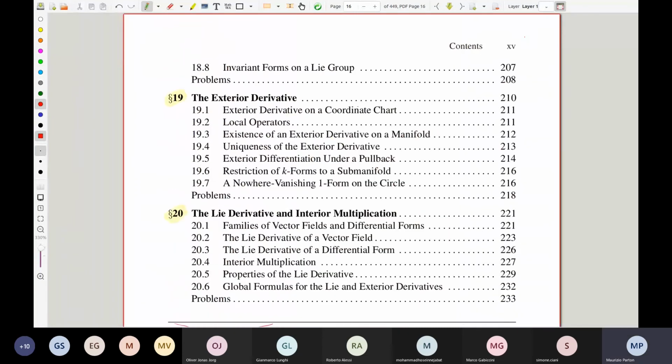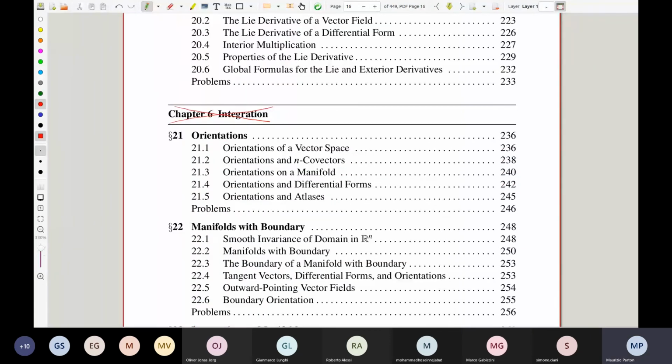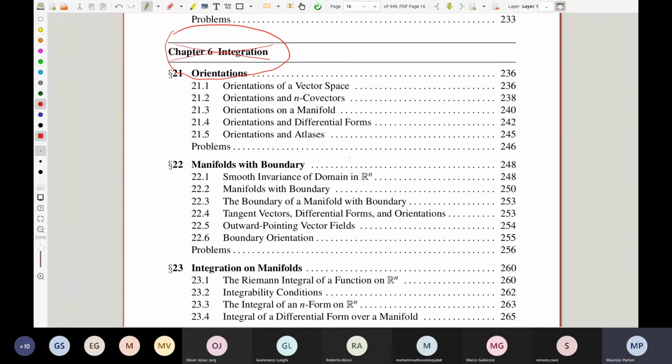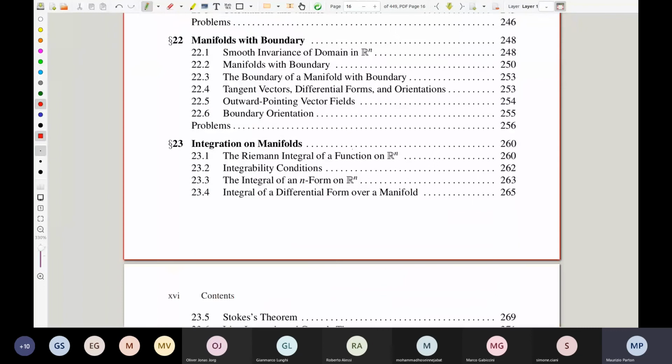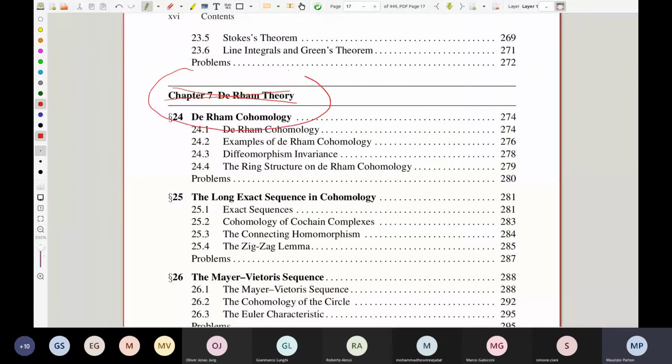I'm not going through the index. You can see that there is something that we will skip. In particular, we will not talk about integration over manifolds. You should be able, after this course, to read this part by yourself. This is a beautiful part that we are skipping.